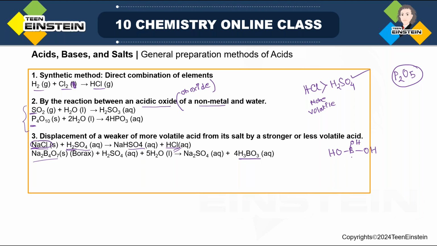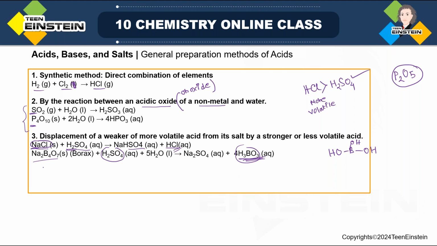So for formation of H3BO3, we are starting from a salt which must contain this boron. So we have taken a salt of boron, and here we are preparing H3BO3. It is easier to understand with the previous example, but here also, just follow which acid you are using on the reactant side and which acid you are getting on the product side; these two are more important.